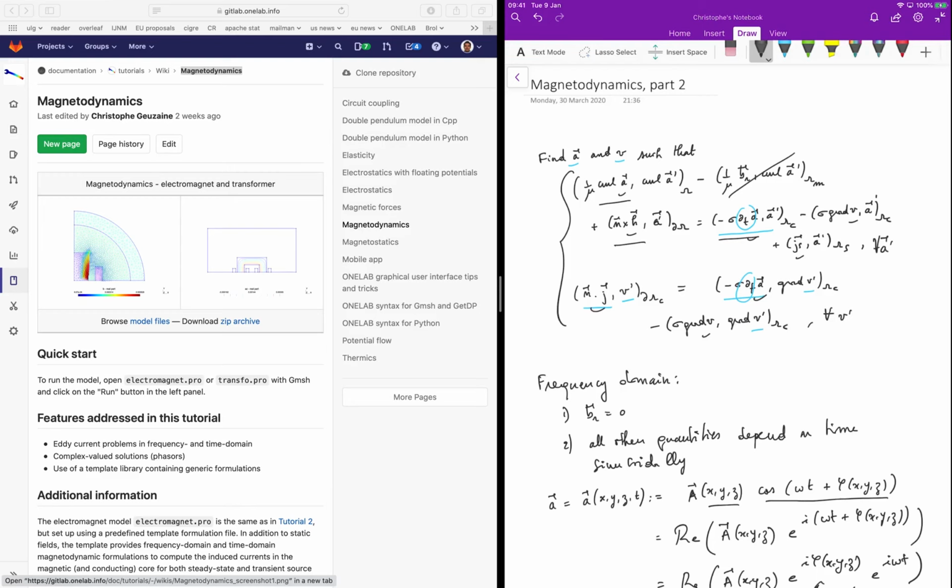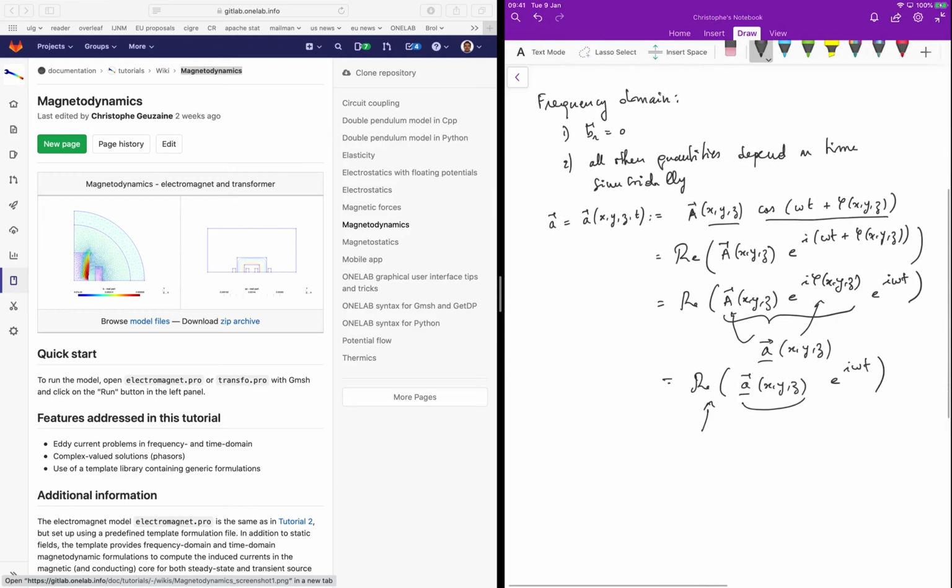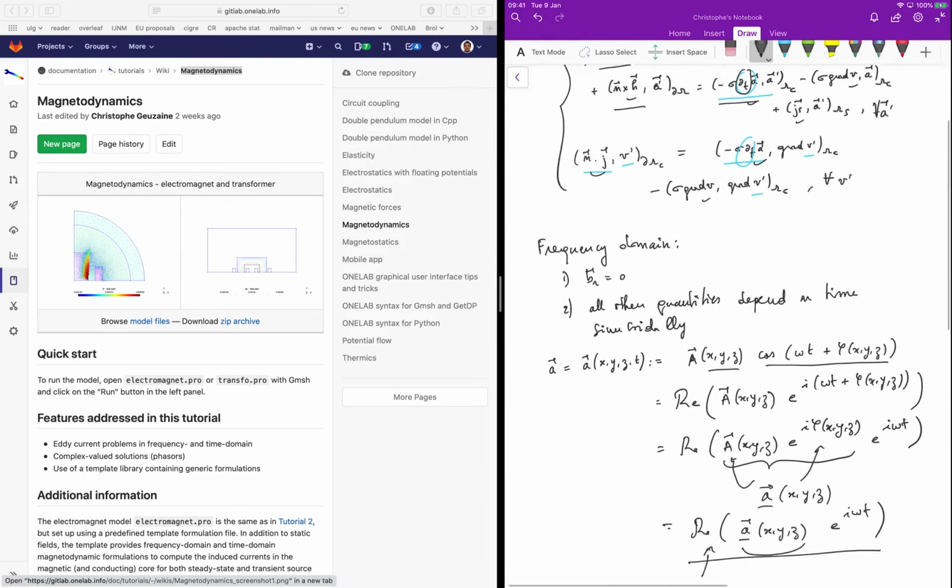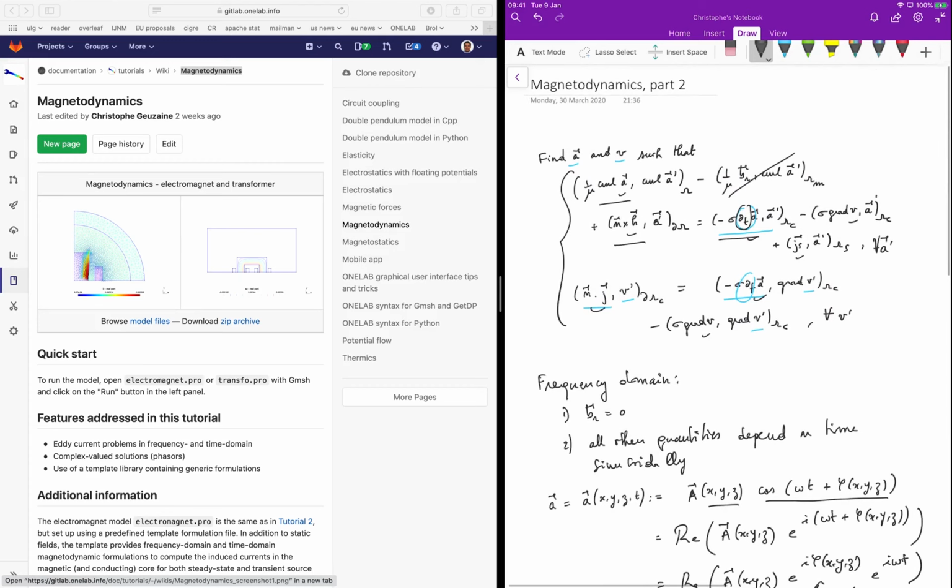I have a time derivative. If I take the time derivative of this guy, I will have I omega that comes out, but that's fine. So I will have I omega that comes out, and then I have the e to the I omega t that I will be able to take out of the integral as well. Here, same thing. Here, same thing. So I take that equation, I remove all the e to the I omega t. Well, I end up with what?